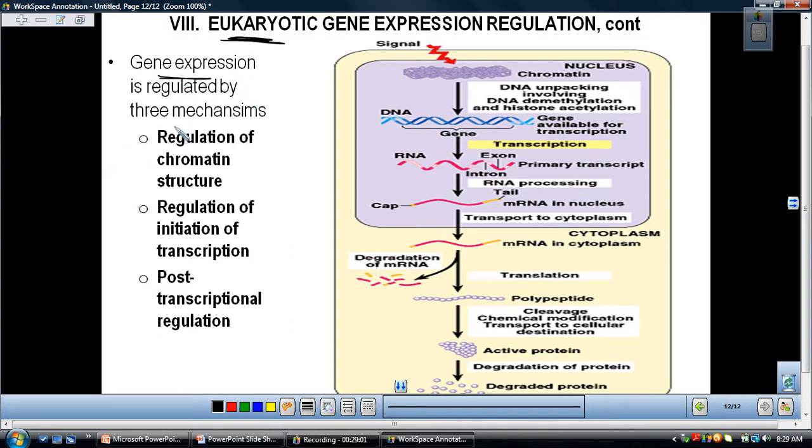It can be done by regulating the chromatin, the actual chromatin in the organism. It can be done by regulating the initiation of transcription, and it can be done by regulating post-transcriptional regulation, so after transcription. So there's 3 main times of regulating gene expression: regulating the actual DNA, regulating the beginning of transcription, regulating after transcription is over with. Okay, so 3 different ways of doing that.